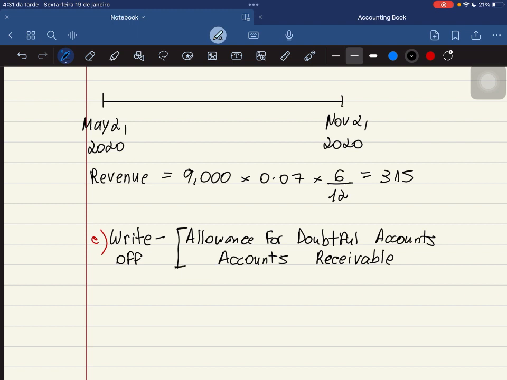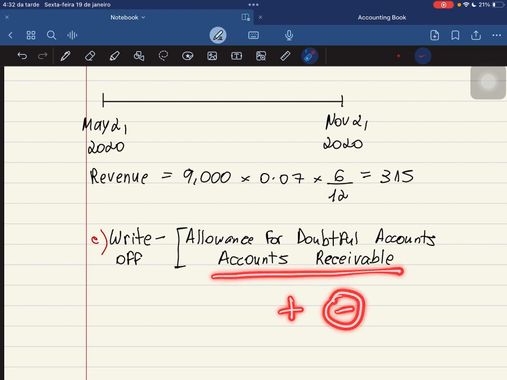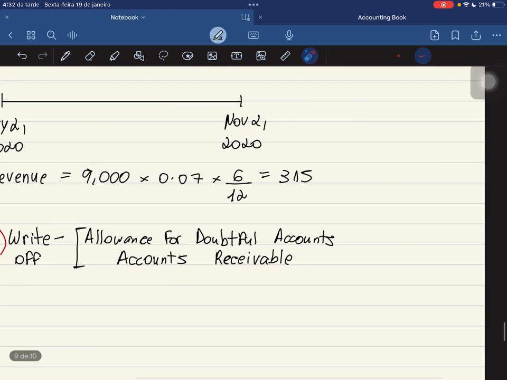Originally, I was supposed to receive this money, right? But I'm not going to receive it anymore. And since accounts receivable is a debit balance, which means that it is a plus and a minus, the increases happen here. That's why it is a debit balance. If it is in this position over here, it is a minus. So I am deducting this accounts receivable.